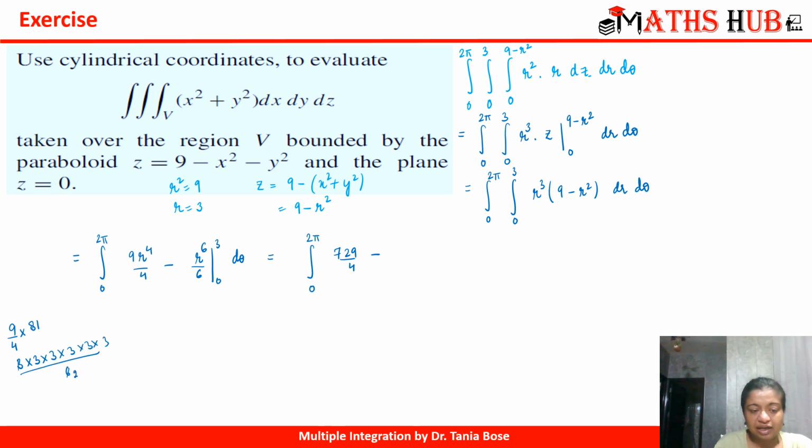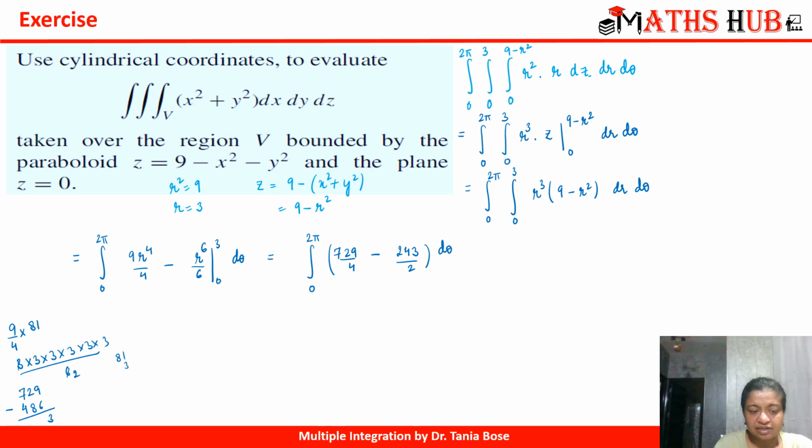So 1 will get cancelled. So 3 3s are 9. 3 3s are 9. 81 into 3 is 243 divided by 2, right? Multiplied by d theta. I'll get this term. And when I simplify it, what do I get? 729 minus double of 243, that is 486.